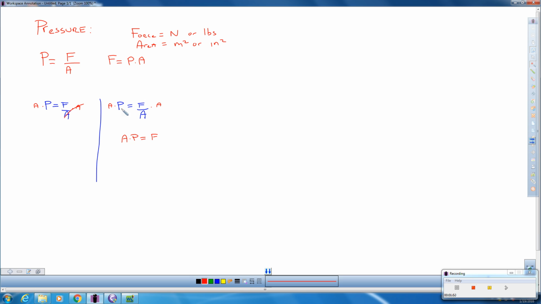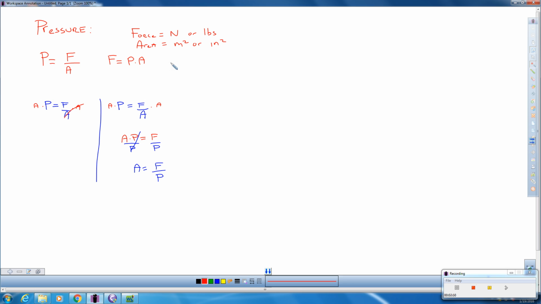We're still trying to get area by itself. In this scenario, area is being multiplied by pressure, so the way we undo multiplication is to divide both sides by pressure. When we do that, the pressures on this side cancel, and we're left with area equals force divided by pressure.